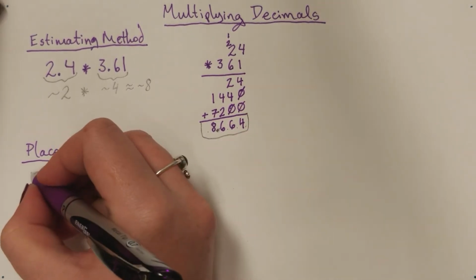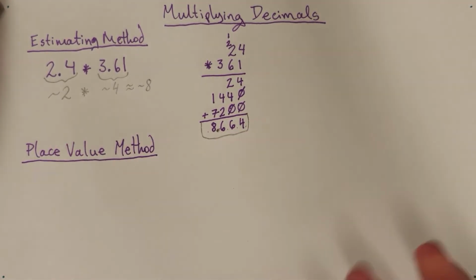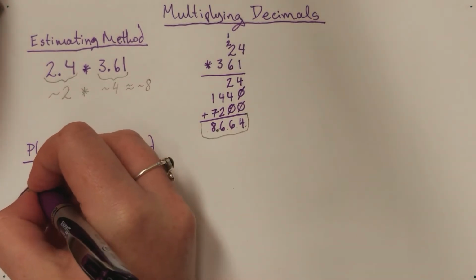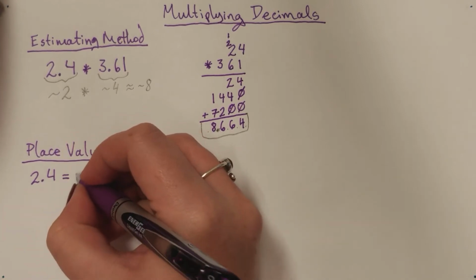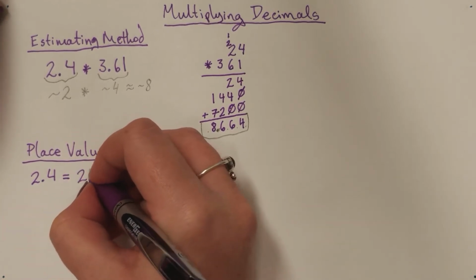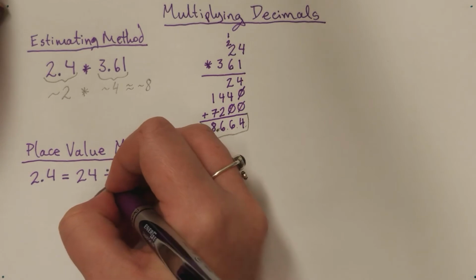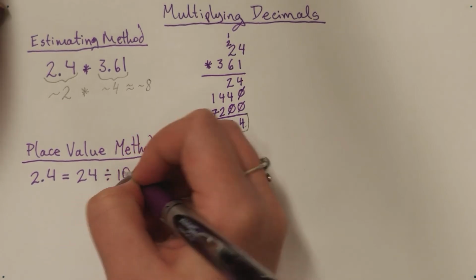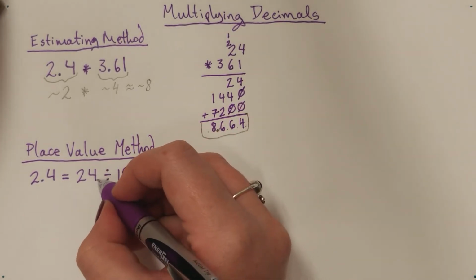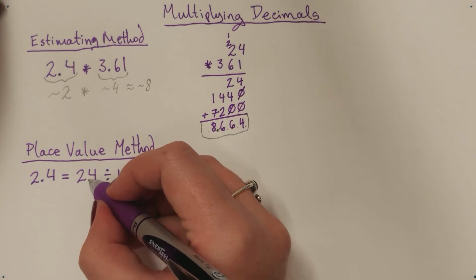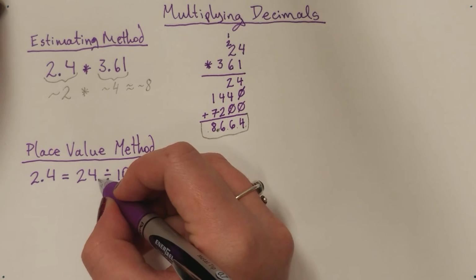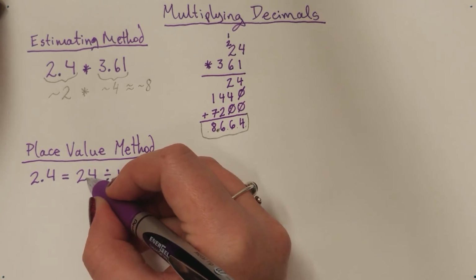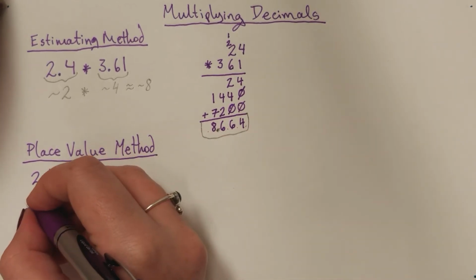And what that means is that every place value is like multiplying a 10 or dividing a 10. That means that 2.4 is the same exact thing as 24 divided by 10. Because when we divide by 10, we're taking that invisible decimal and moving it over 1. 24 divided by 10, you just move that decimal point over 1 to 2.4.